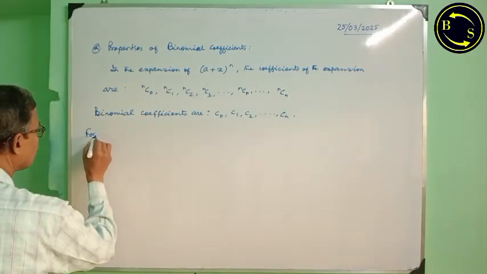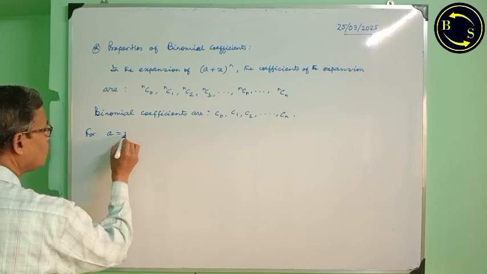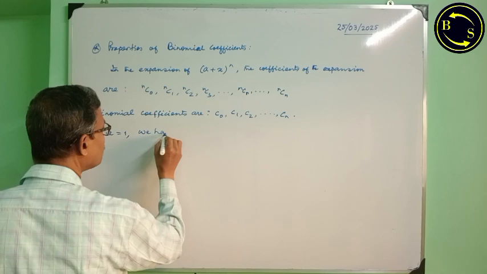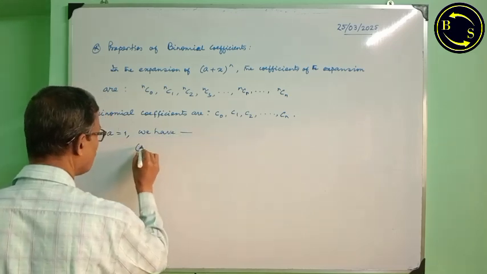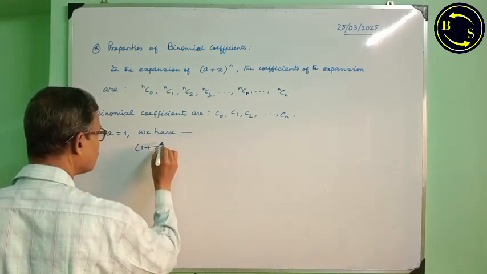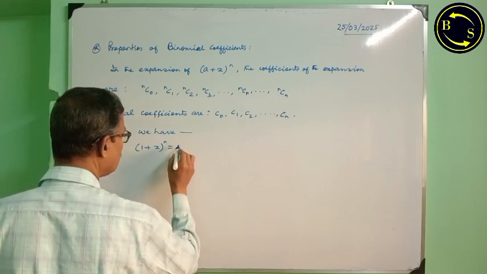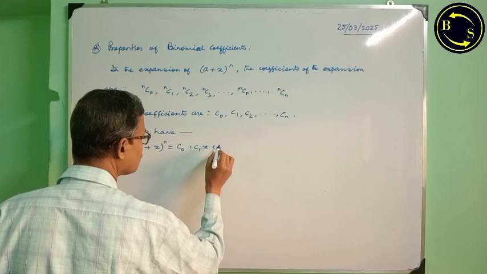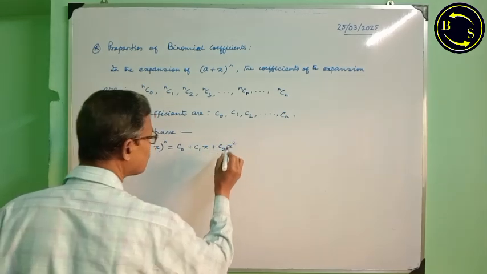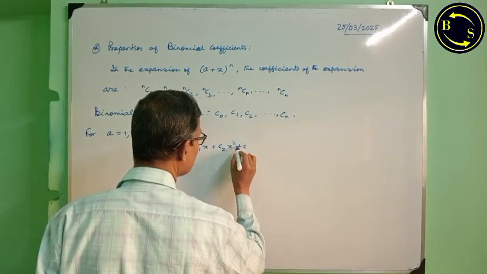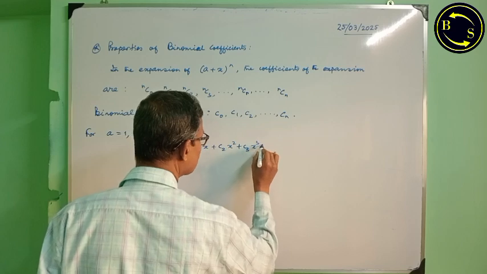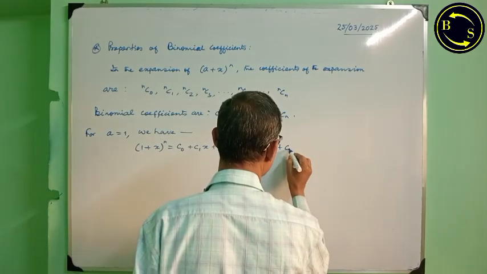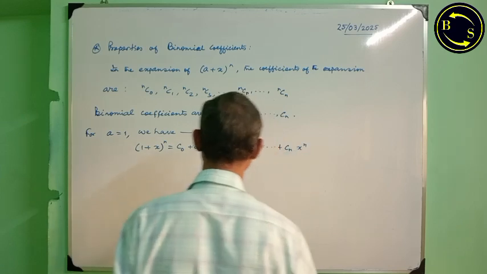For a equal to 1, we have (1 plus x) whole to the power n is equal to C0 plus C1x plus C2x square plus C3x cube plus Cn xn.